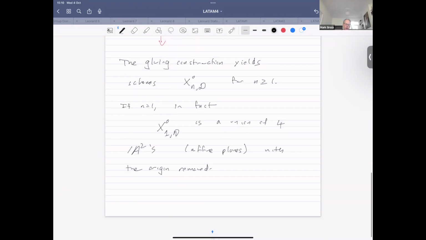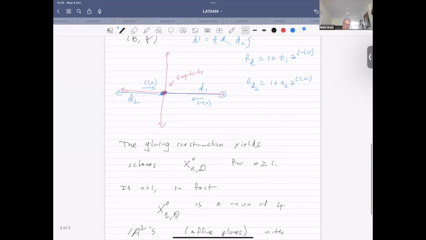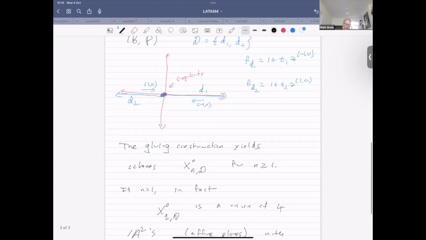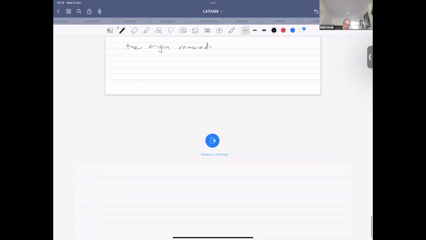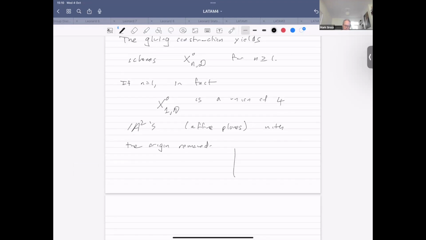So if I were to draw this, I'd essentially be drawing the same picture as what we have over here. We have a bunch of A2s. We remove the origin. We have an A2 here, here, here, and here, but none of these contain the origin. There's a point missing.